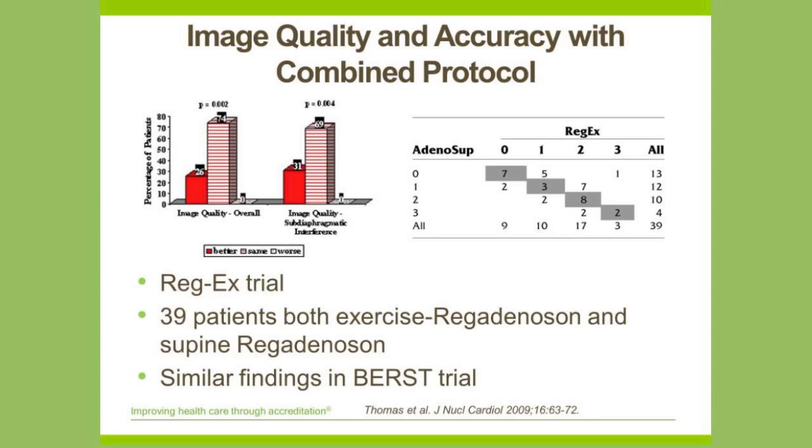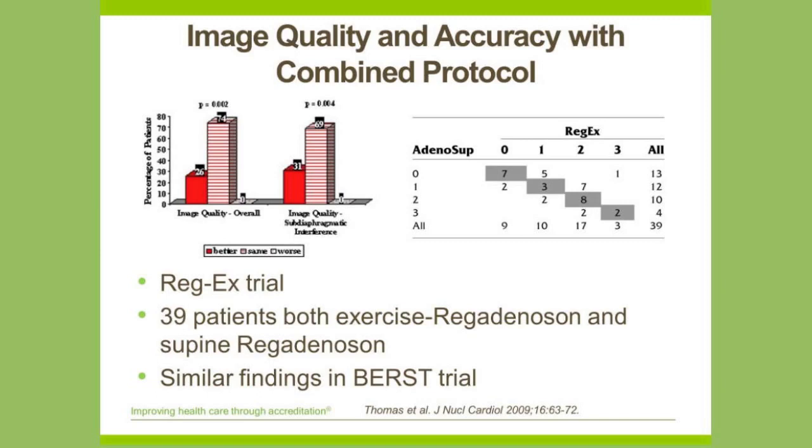And so ideally you would see that the numbers would be in these gray boxes, sort of on the 45-degree line, where if you have two defects on the adenosine supine, you have two on the REGX.